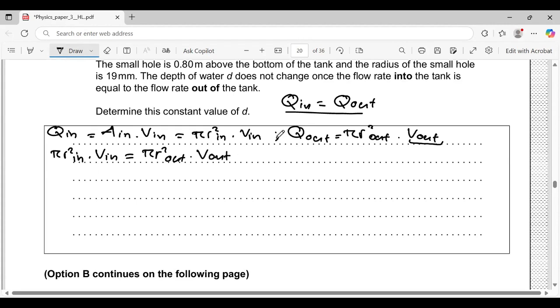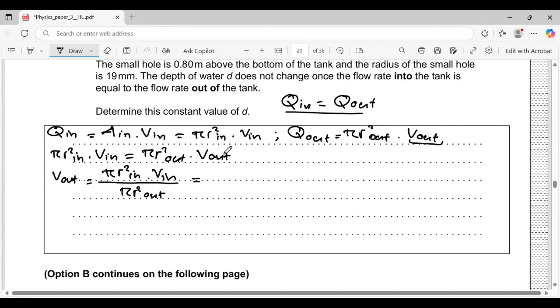So we can rearrange this formula with V out as the subject: V out equals pi r squared in times V in over pi r squared out.